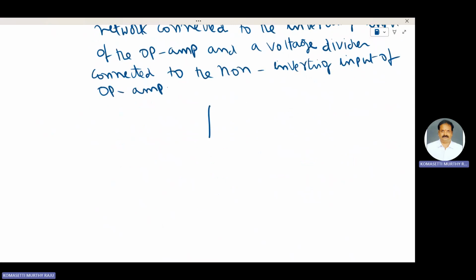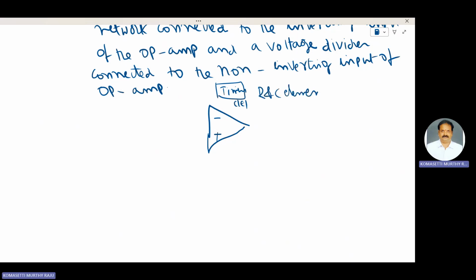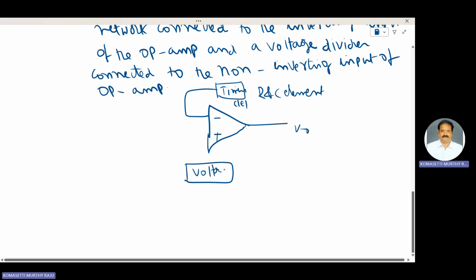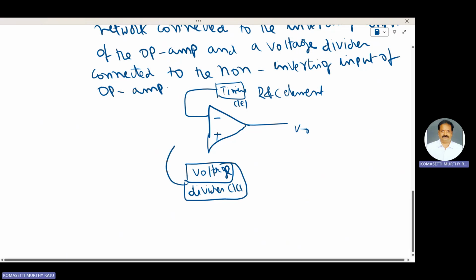That means this is the op-amp used in an astable multivibrator circuit. Here is the timing circuit. The timing circuit consists of R and C elements connected to the inverting input of the op-amp, and the voltage divider circuit is connected to the non-inverting terminal of the op-amp.